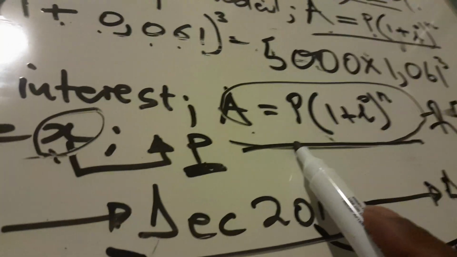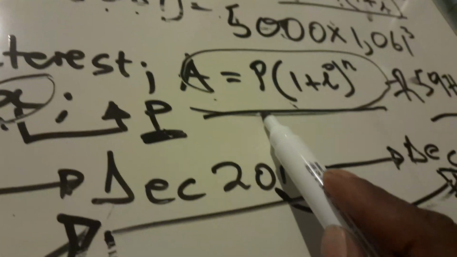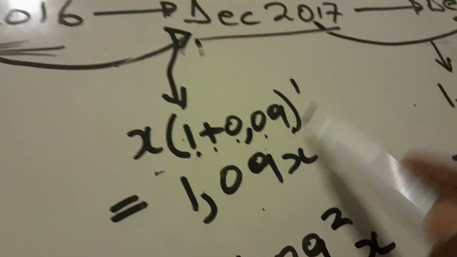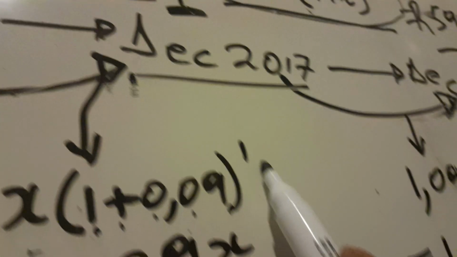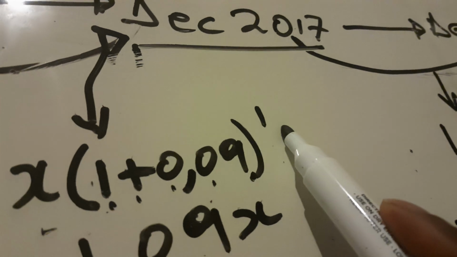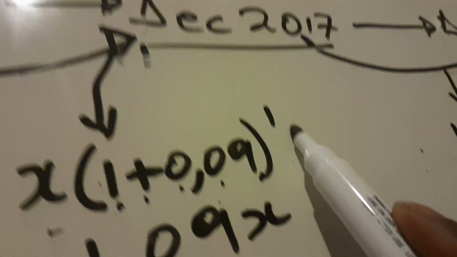Okay. If we are saying the installment is X, substituting into the formula, December 2017, this amount X would have accumulated to what? X times 1 plus 0,09 raised to the power 1. That's 1 year, an investment for 1 year from 2016 to 2017.